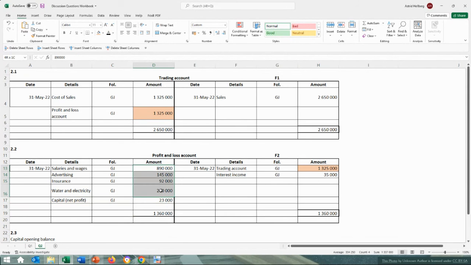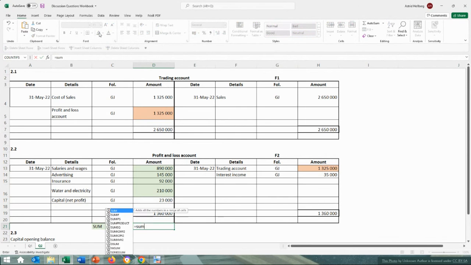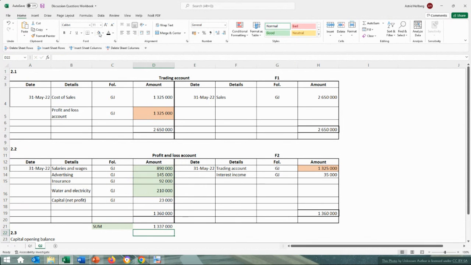So we add all of this together, which gives us 1,337, and you deduct it from the bottom amount, the 1.36, and then you get to a balance of 23,000.